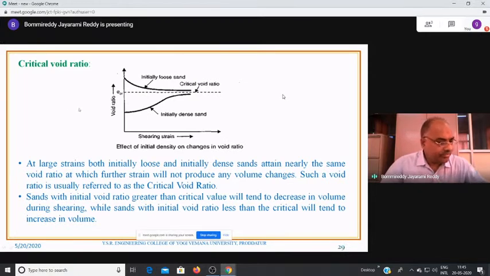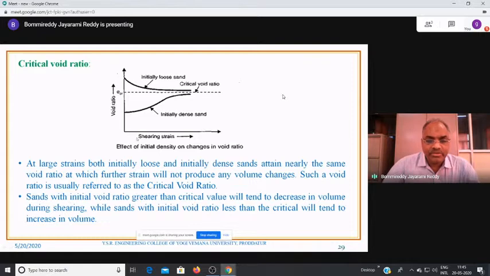Next, critical void ratio. In sand, sometimes it is initially dense sand, this curve, and sometimes initially loose sand. Initially it has some void ratio: for dense sand the void ratio is less, for loose sand the void ratio will be more.